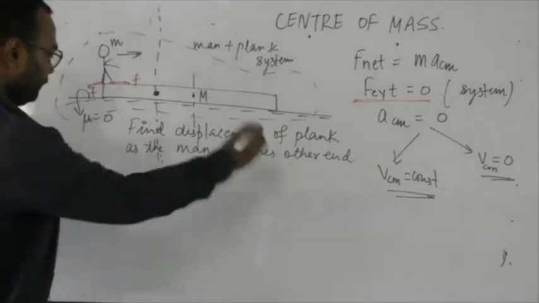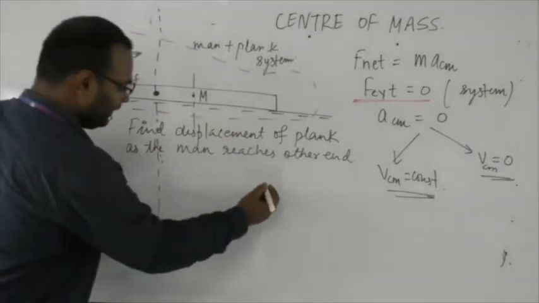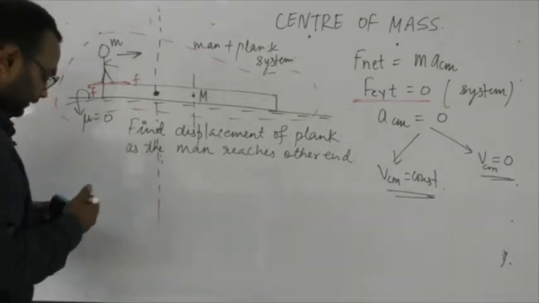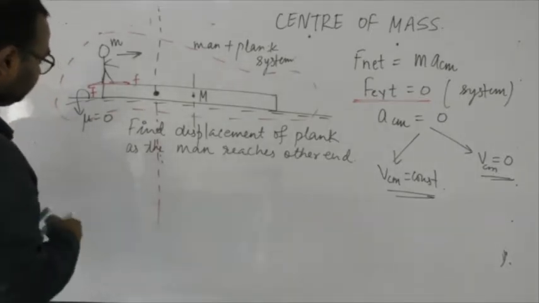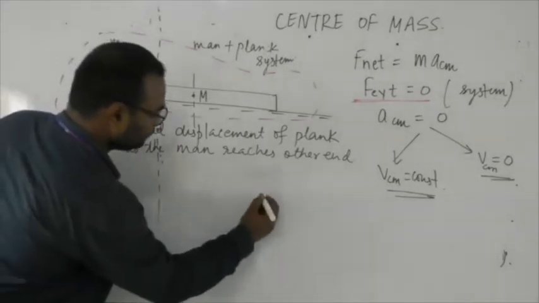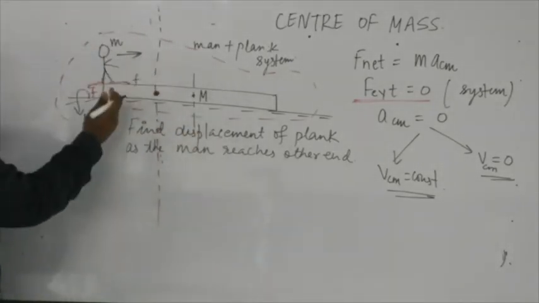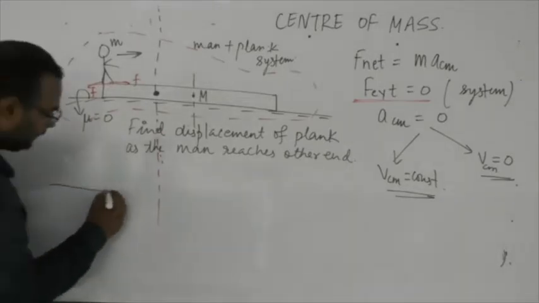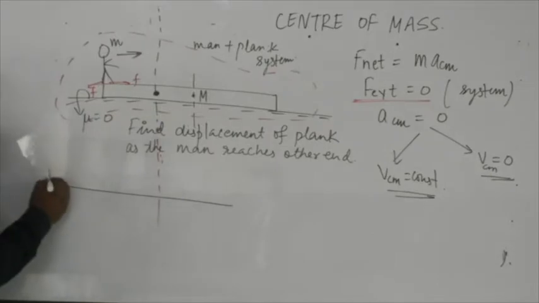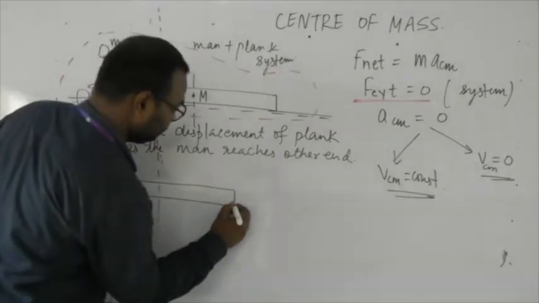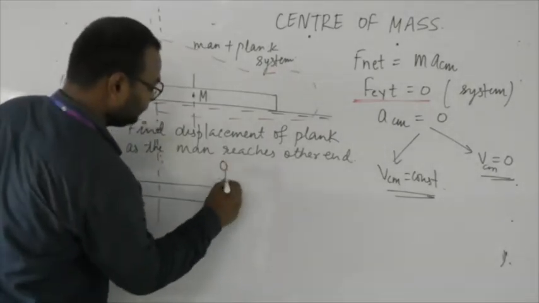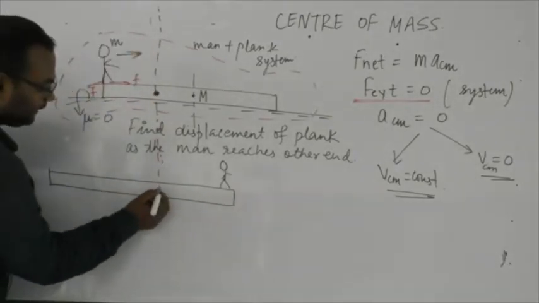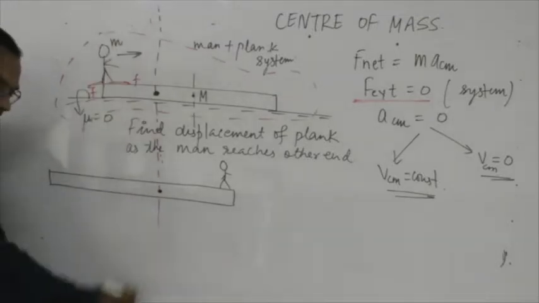Now, as the man reaches the other end, the man goes forward and the plank comes backward. The center of mass shifts along the same line.